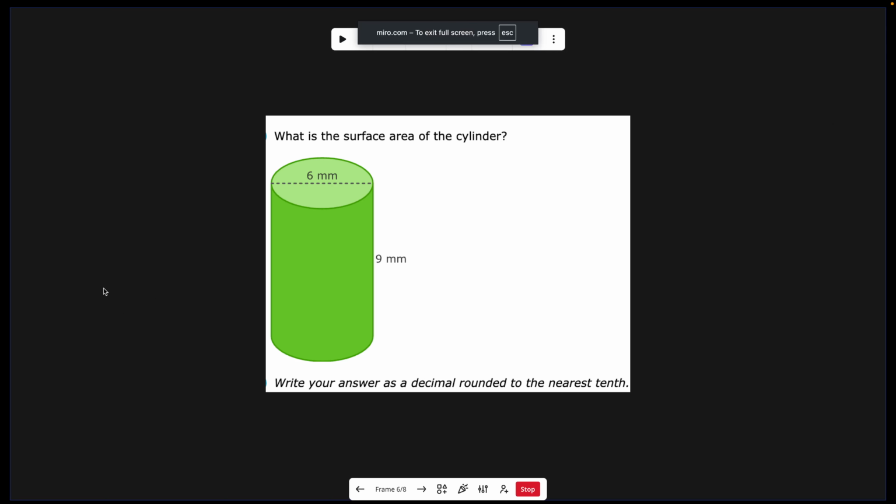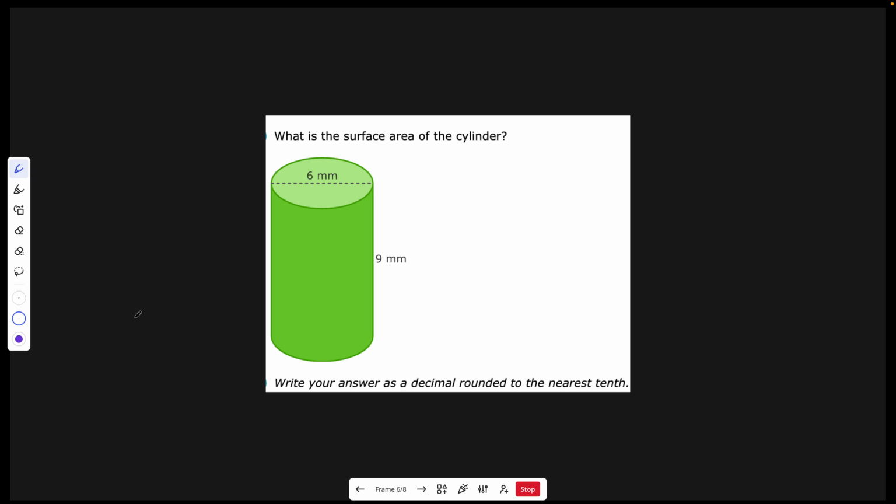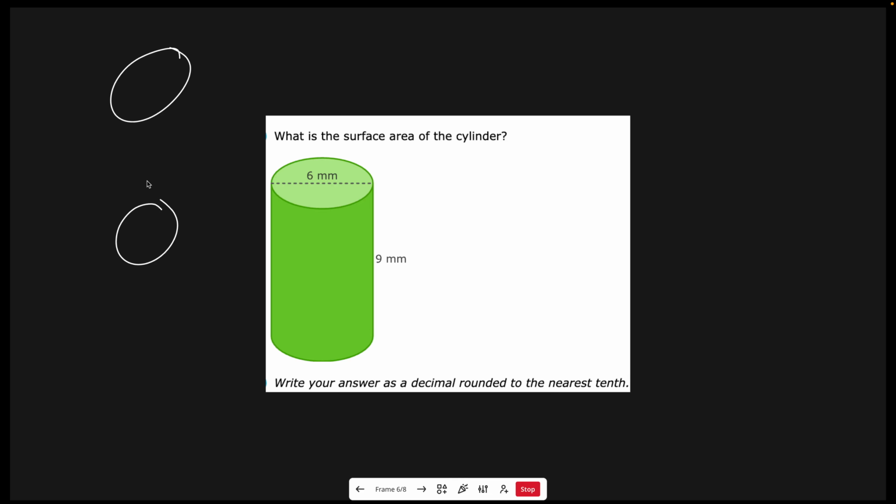Okay, so here was the original problem. Let's think about this in a slightly different way. We know we have a circle on the top, a circle on the bottom, and then we have a rectangle, and we're just adding these three things together. The area of the circle is pi r squared. This one is also pi r squared.